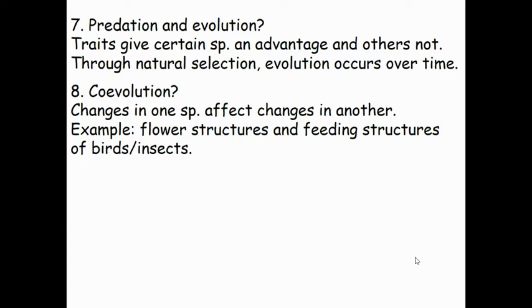So maybe a couple organisms actually have the right shape to get to that food. And then they pass on those characteristics to their offspring, and slowly over time, the population changes in response to a plant changing. There are lots of examples. That's just a really easy one to understand.